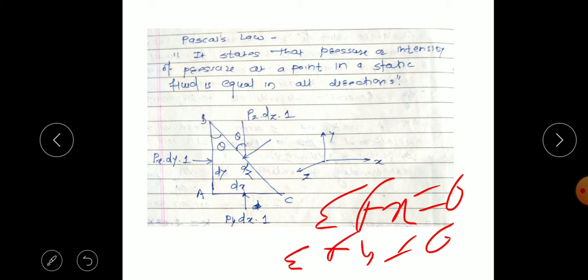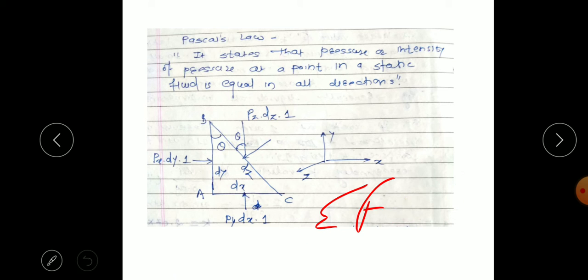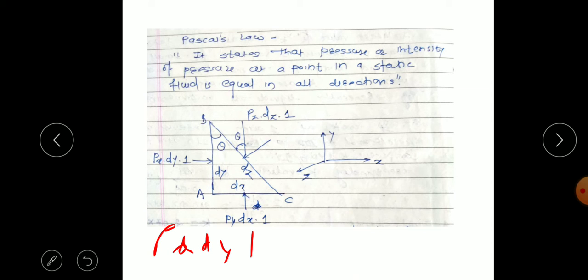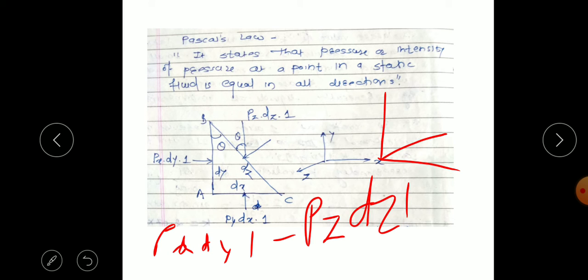Fy will be 0. So resolving these two forces, in the x direction the horizontal force is px dy into 1 in the right direction, and along the z direction the force is acting pz dz into 1, but this z component has two components, this angle is theta.